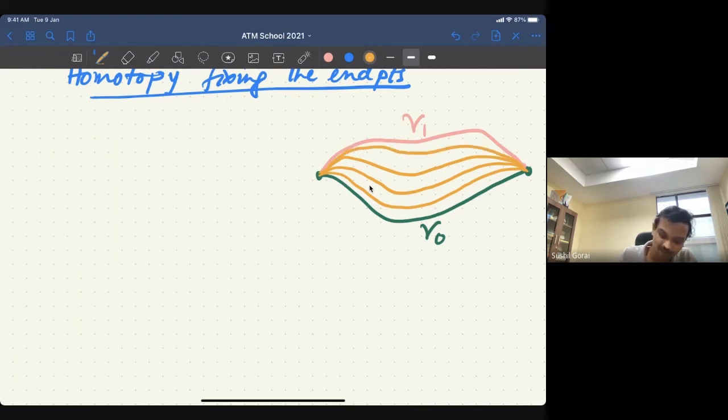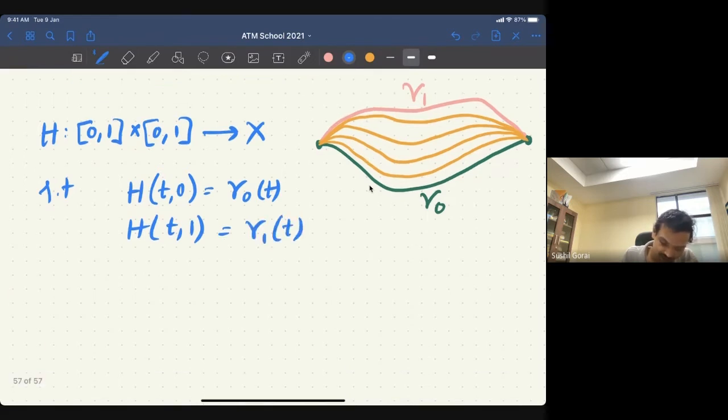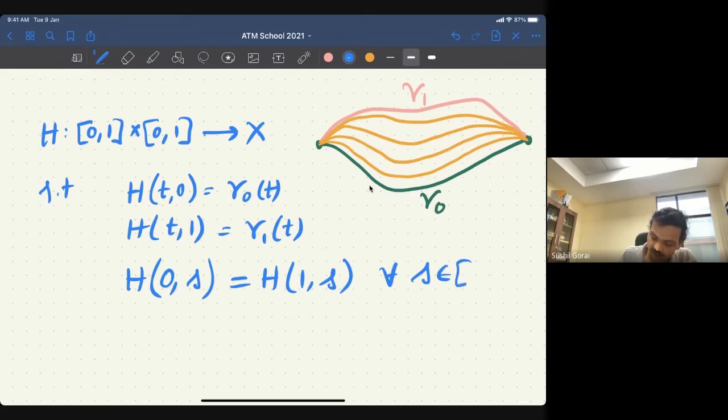So in this case, homotopy would be H, a continuous function from [0,1] cross [0,1] to X, such that again H of t comma 0 is gamma 0 t, H of t comma 1 is gamma 1 t, and H of 0 comma s should be H of 1 comma s for all s in [0,1].